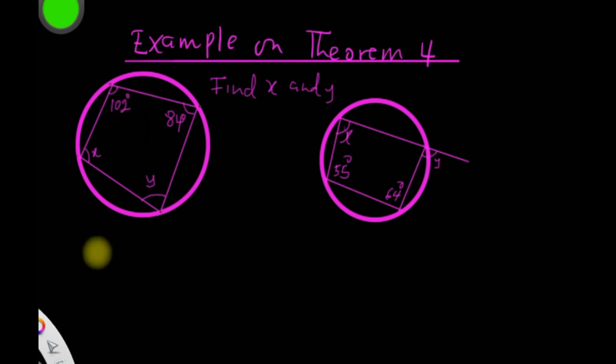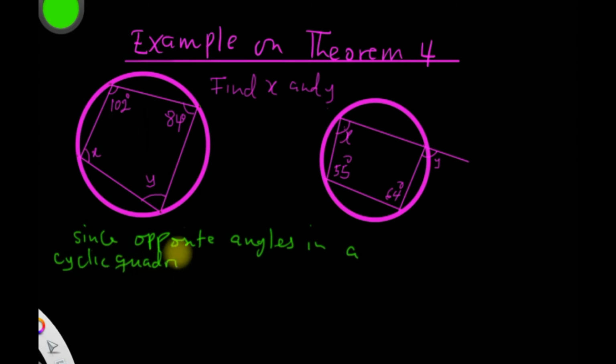So you say, since opposite angles in a cyclic quadrilateral add to 180 degrees, it implies that x plus 84.